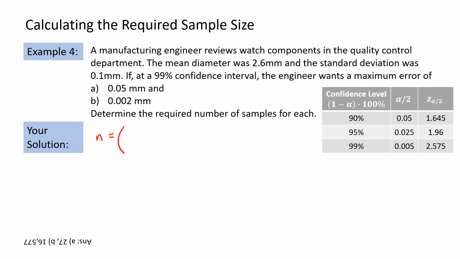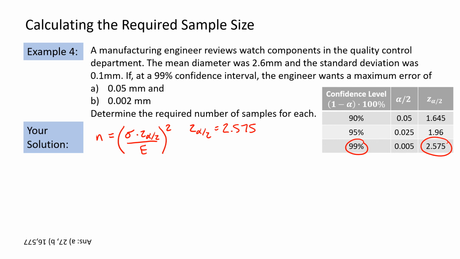And if you remember, n was equal to our standard deviation times our z-score divided by our error, all squared. Now in this case, we're at the 99% confidence interval, meaning our z is 2.575.